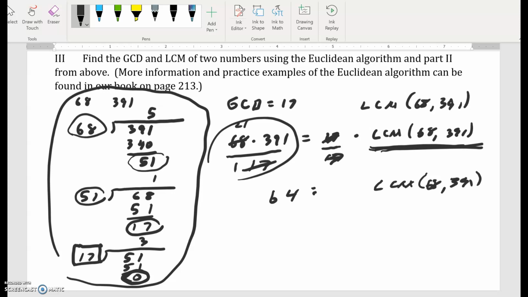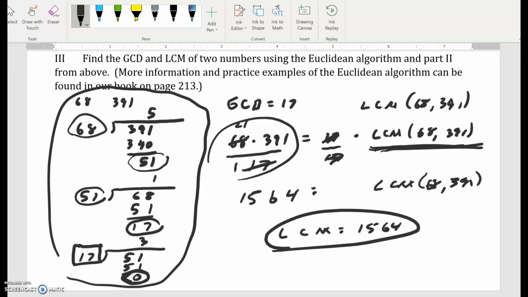Let's see if I can just do that. I think it's 1564. So we have found that the least common multiple of 68 and 391 is 1564. If you compare this to part 1, you will see that we didn't have to do a prime factorization anywhere at all. And that can save you a lot of time.